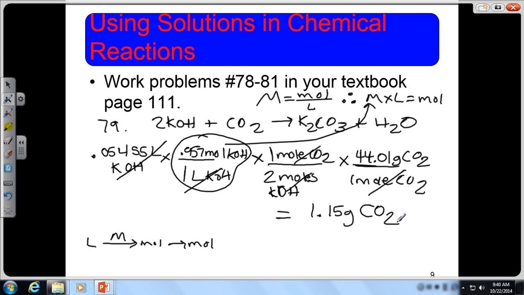So we need 1.15 grams of CO2 in order to react completely with the KOH in the 54.55 milliliters at 0.957 molarity. This one was a little bit different in the sense we were asked for grams at the end, instead of starting with grams in the beginning. So we just went from moles to grams.